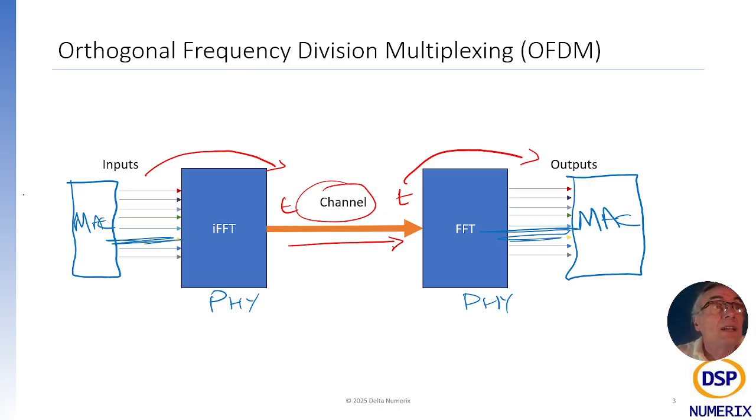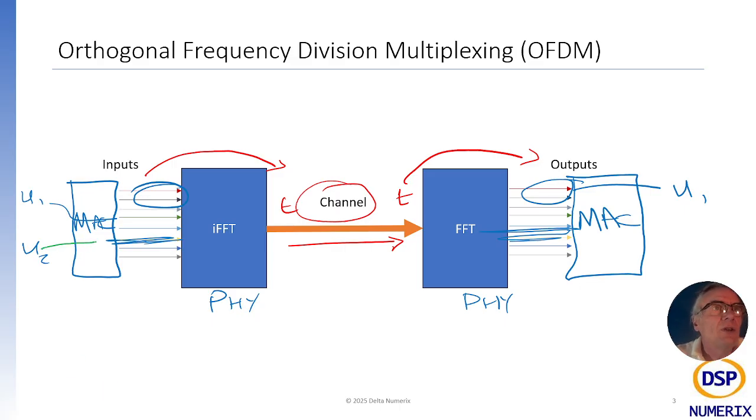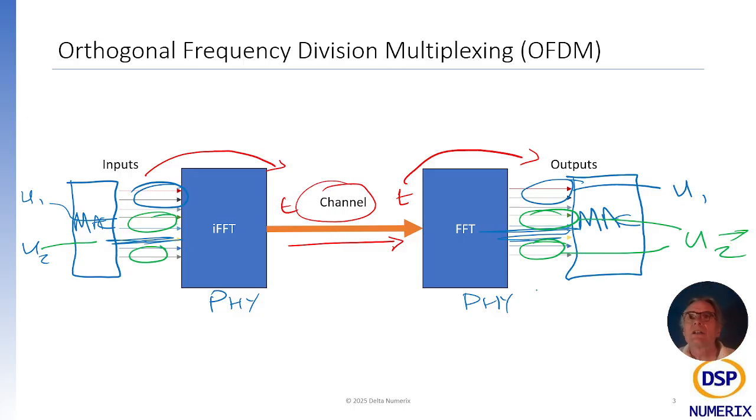And now what happens is, if we have user 1, user 2, just very simply, then basically they both talk to the MAC. The MAC might allocate certain carriers to user 1, and then user 2, let's use a different color, we'll use green. User 2 gets these carriers, and so it's got a higher bandwidth overall. At the receiving end, the receiving MAC knows that these carriers are used for user 2, and so user 2 gets its data out like that.